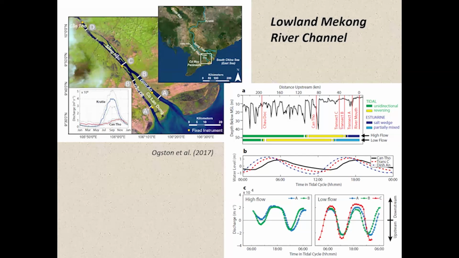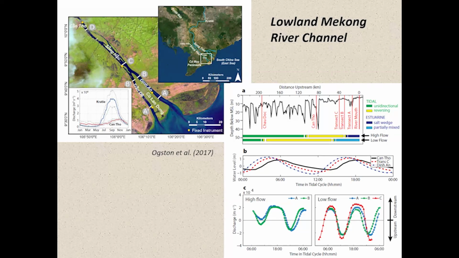The difference here is that we have a very high tidal range and much more tidal influence in this backwater reach of the system, to the point which we see a non-tidal well up the system. Then we see a unidirectional tide where it's moderated potentially or augmented by the tidal flux. Then we have a large area of reversing current energies in the river channel before moving into estuarine conditions again.